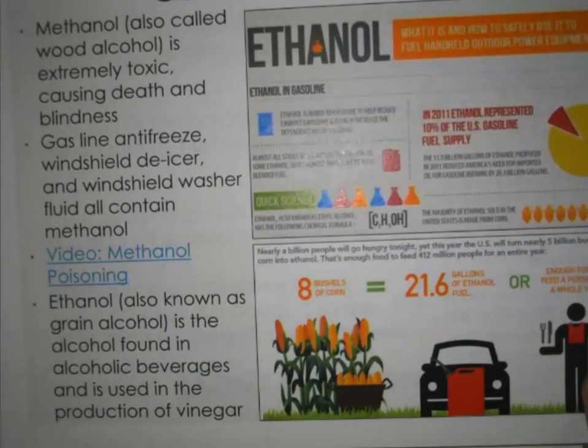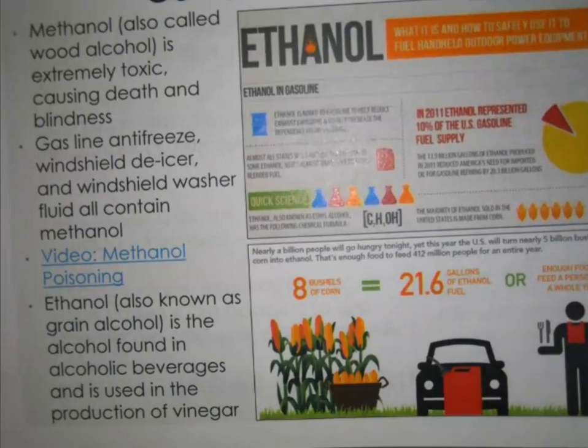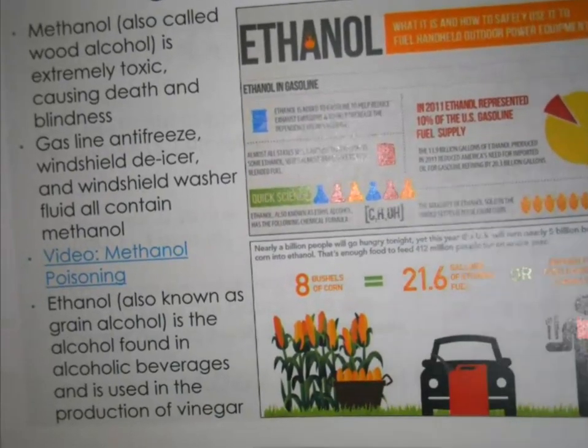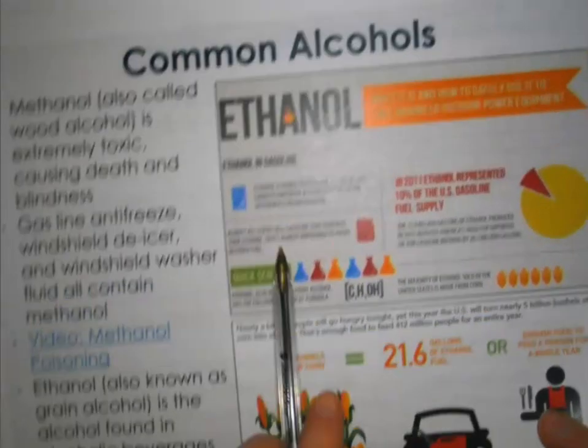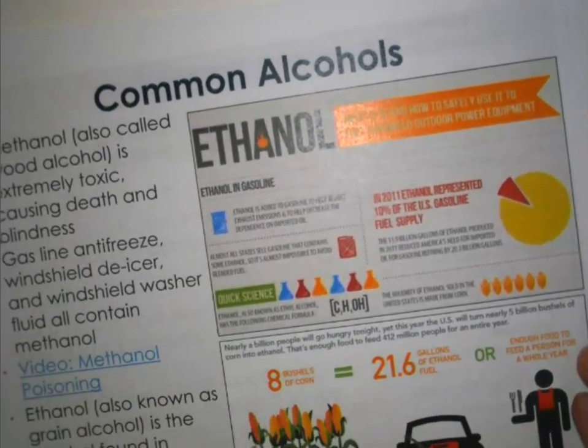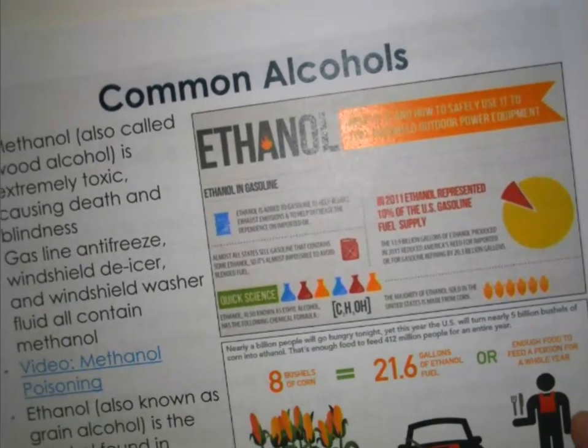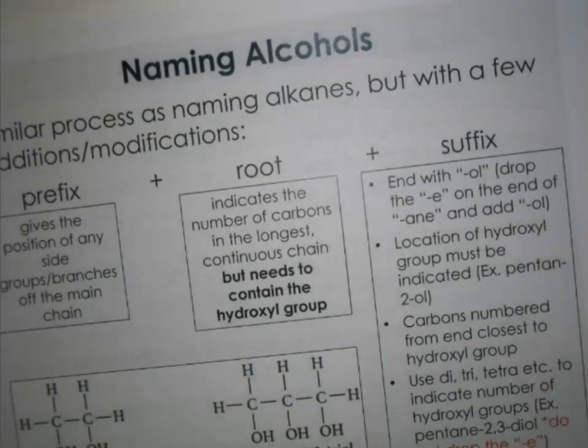Another common alcohol, probably the most common alcohol that most people think of, is ethanol, which is known as grain alcohol because it comes from distilling grains to form alcohol that's found in alcoholic beverages. It's also used in the production of vinegar. There's some other information here about ethanol also being used in gasoline, so it's not just used for food production and consumption.